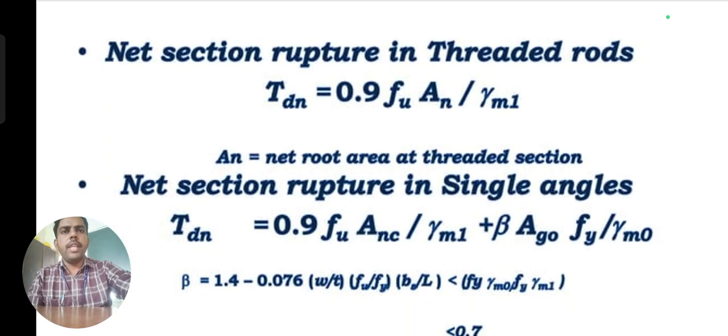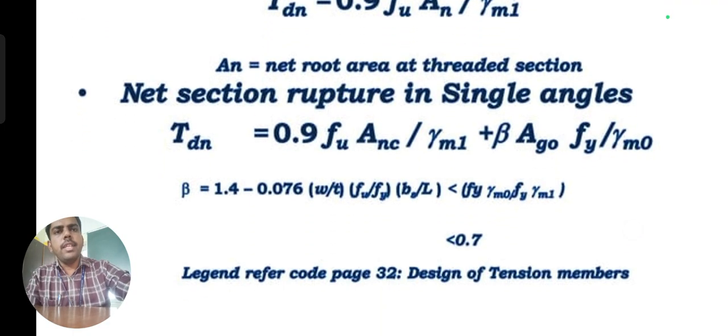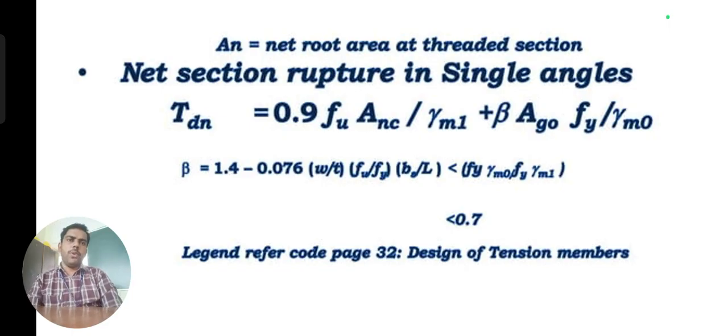And next, the rupture section. See here, this is the formula for a single angle: 0.9 Fu Anc by gamma m1 plus beta Ag Fy by gamma m0. Here Fu is the ultimate strength of the plate, which is 410, and Anc is the net area of the critical section.